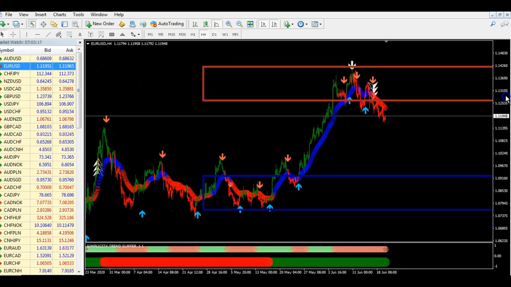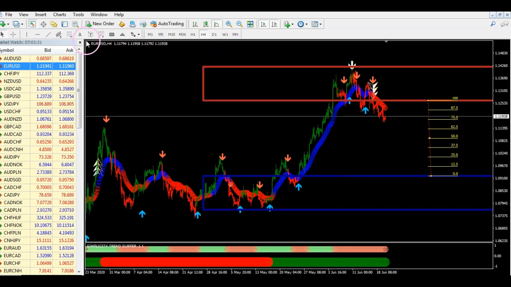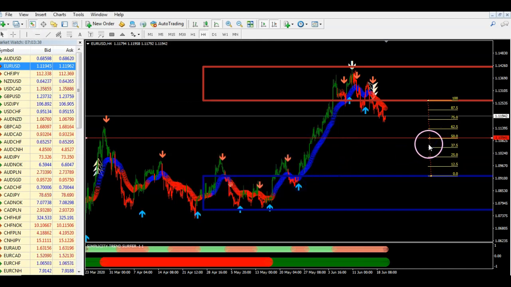Okay. I always like to mark the center of these two lines right there, because if you really pay attention, a big percentage of the time there's going to be a support or resistance right in the center.